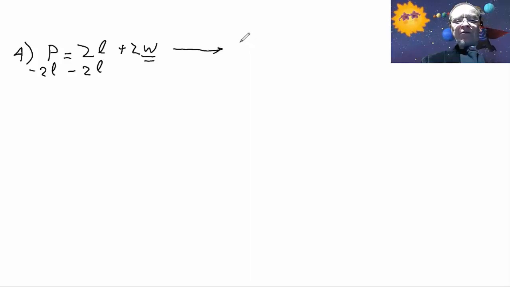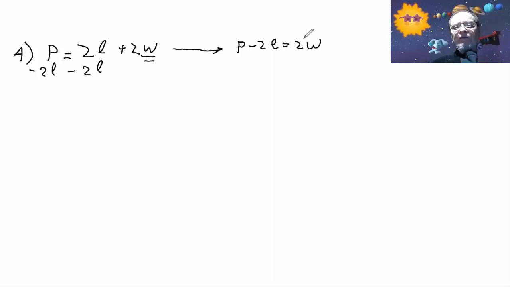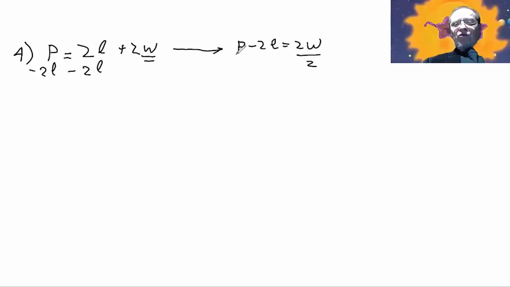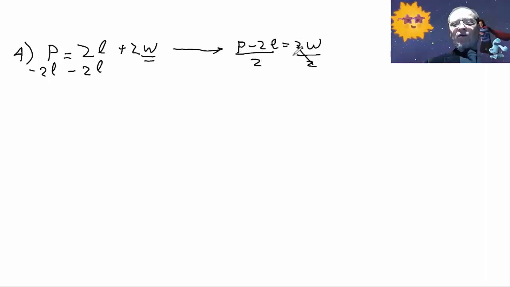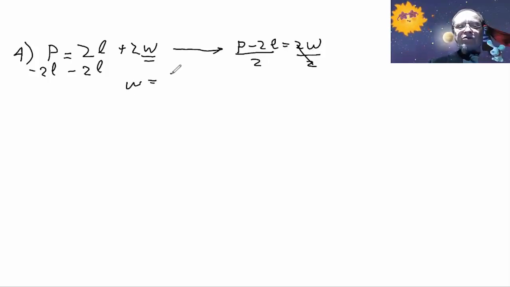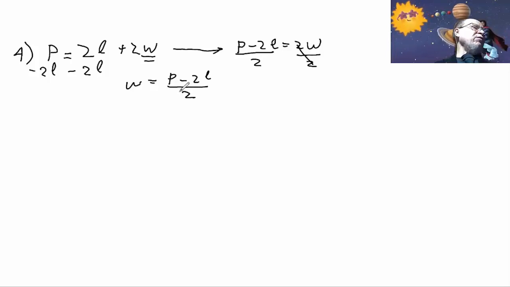So then I end up with P minus 2L is equal to 2W. And then I will divide both sides by 2 as though it were a regular algebraic equation. And then I end up with W is equal to P minus 2L all over 2. And that would be my final answer.